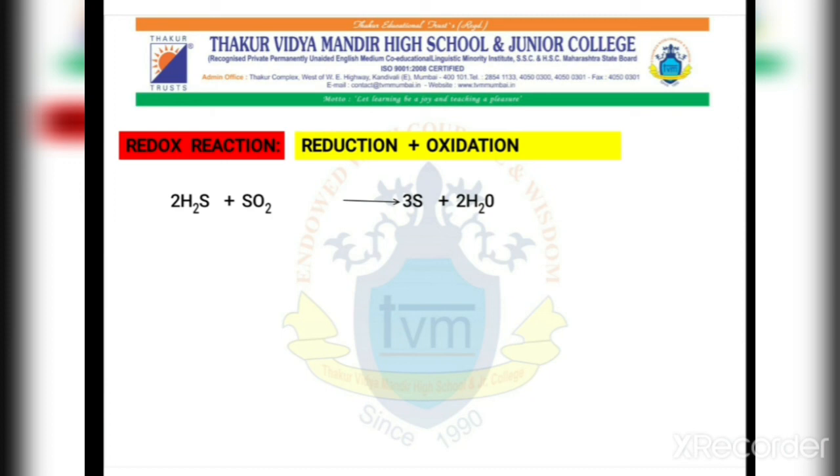In this reaction, if you observe on the left hand side, from hydrogen sulfide, hydrogen is removed, and from sulfur dioxide, oxygen is removed. So removal of hydrogen is called oxidation, and removal of oxygen is called reduction. Since both the reactions are carried out in one reaction, such a reaction is called a redox reaction.